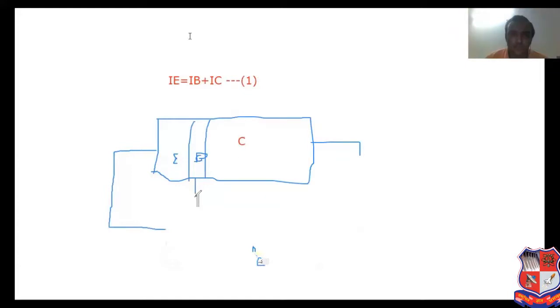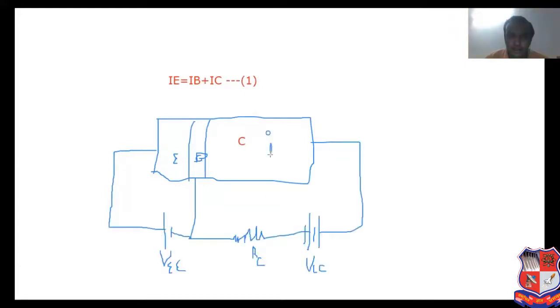See this. Here the minority charge carrier, the hole, can be present. Consider this is a hole. Now, here consider the minority charge carrier electron.